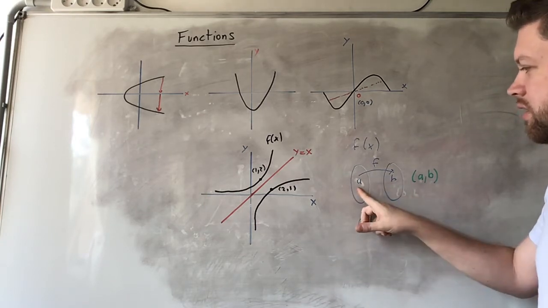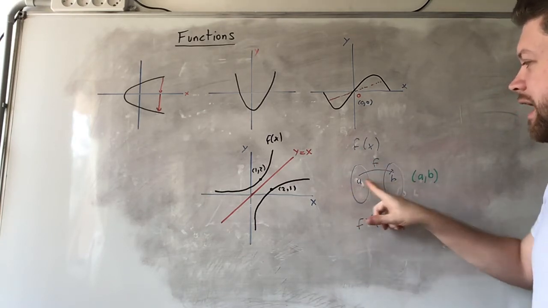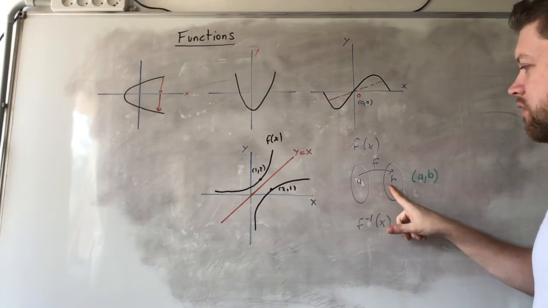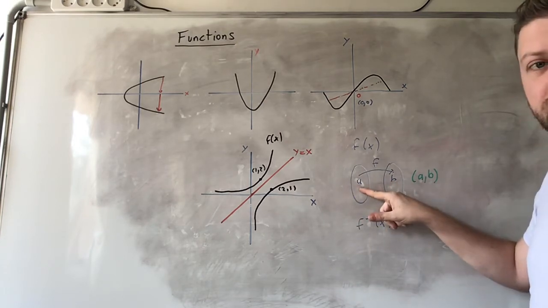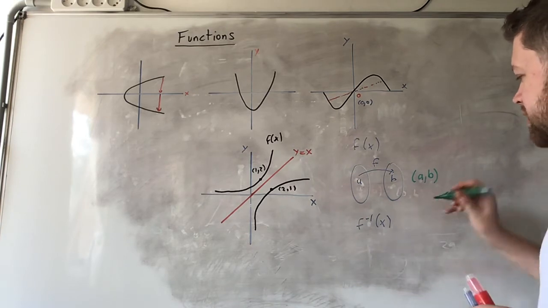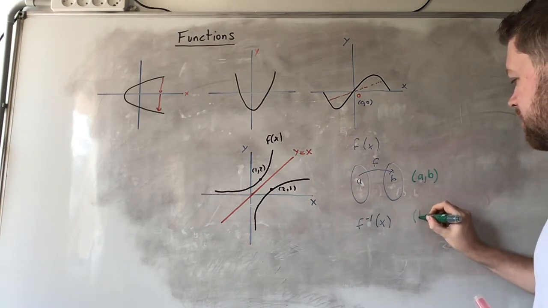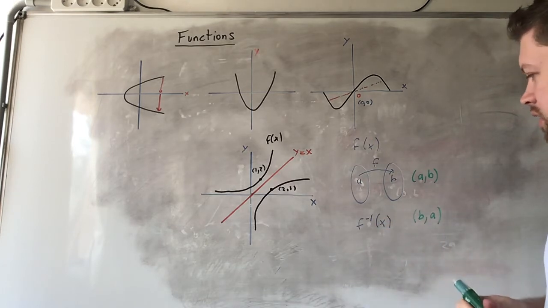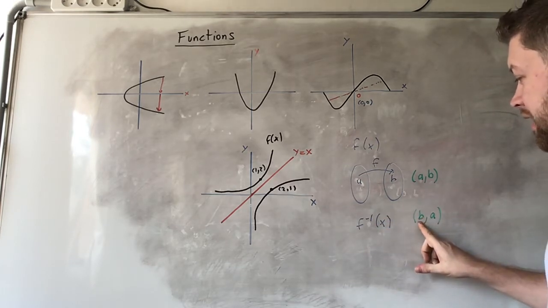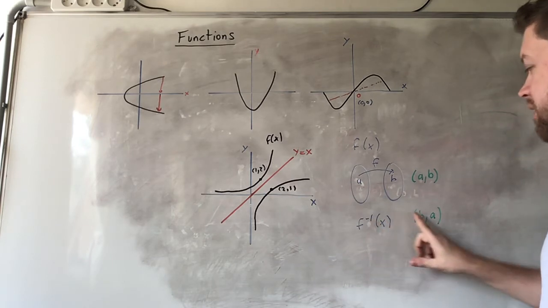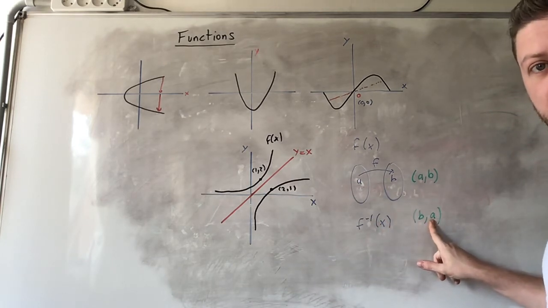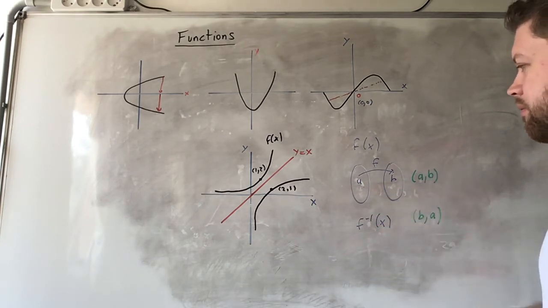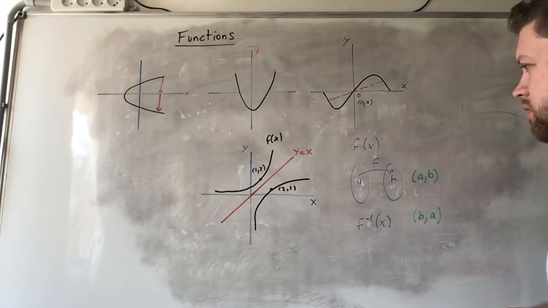So the function f takes a to b, the inverse goes backwards, it takes b to a. So the point, not ab, but the point ba satisfies the inverse. When you put b as the input into the inverse, it spits back a. You see? So it's working in a backwards direction.